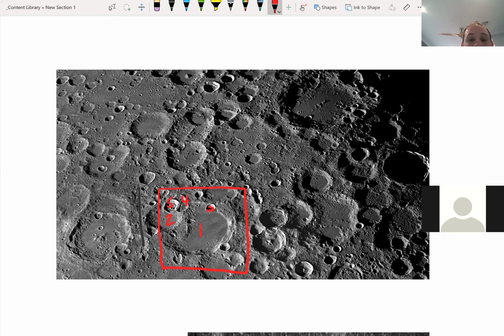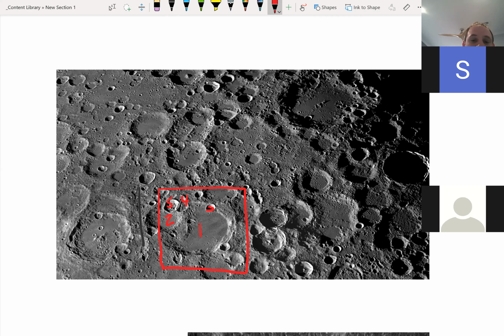Out of those 5 craters, which one has to be the oldest? And how do we know? Crater 1. Crater 1 has to be the oldest, and how do we know that?